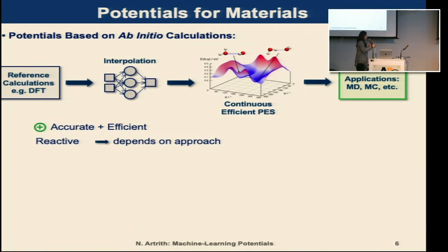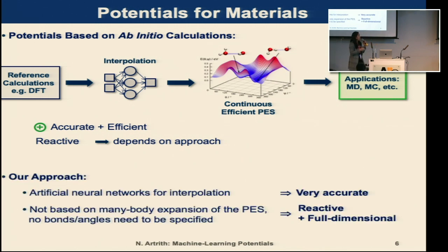This way we will get something efficient and also accurate for this application. The approach that I'm going to talk about today uses an artificial neural network for the interpolation. Why a neural network? Because it is easy, and it can highly fit the reference data very accurately.